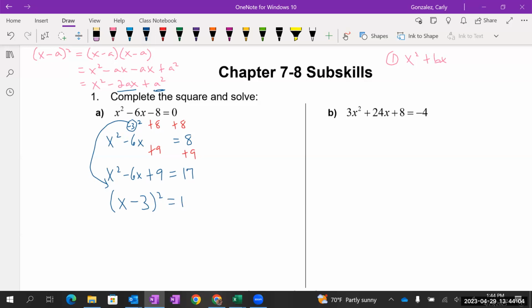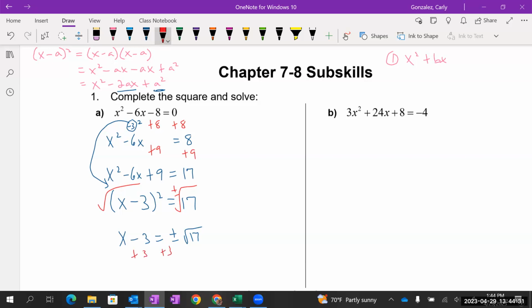And now we are able to use the square root property, and oftentimes it's written where you square root both sides. And don't forget the plus or minus whenever we take the square root of both sides of an equation. We come up with x minus 3 equals plus or minus square root 17. Now we are almost solved for x, but we just have to add that 3 over.